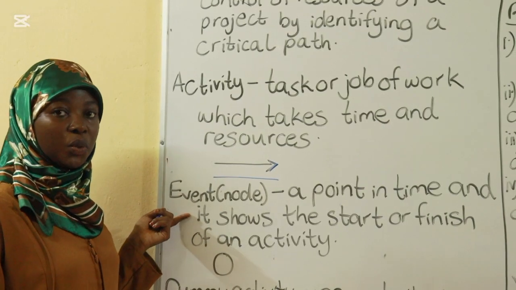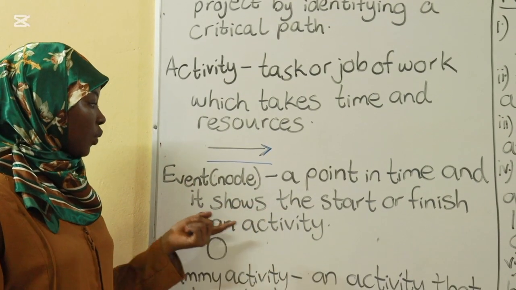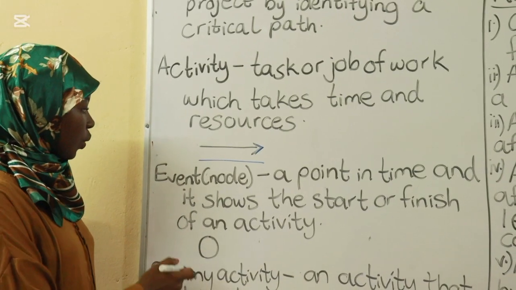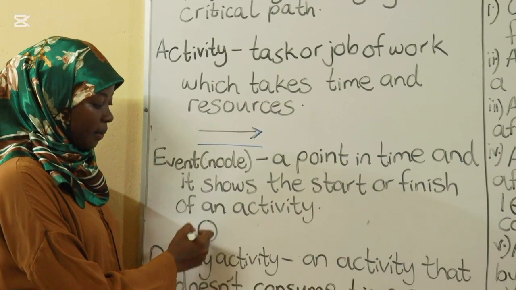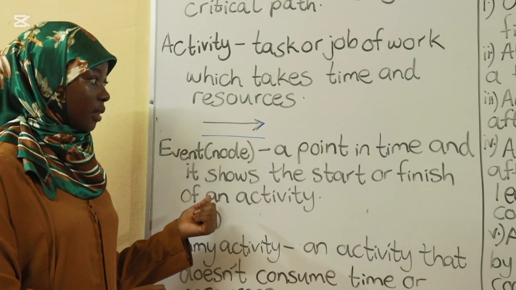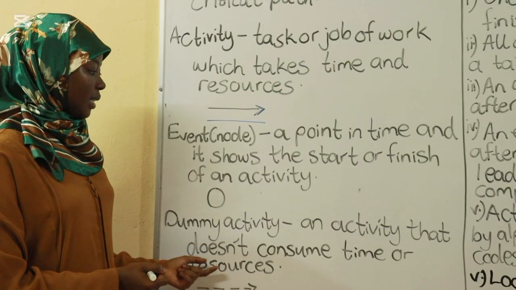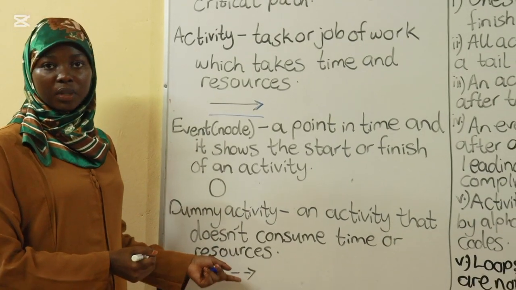An event is also known as a node, and this is a point in time and it shows the start or finish of an activity. So an event is denoted by this circle. And then a dummy activity is an activity that doesn't consume time or resources.